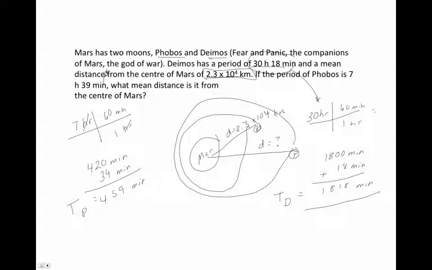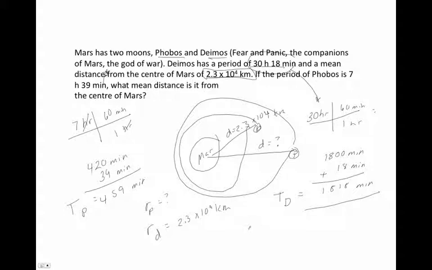So my unknown is the distance for Phobos. So I want to go ahead and my radius of this guy is my unknown. My radius of Deimos is 2.3 times 10 to the 4th kilometers. So now I'm just going to plug it away.